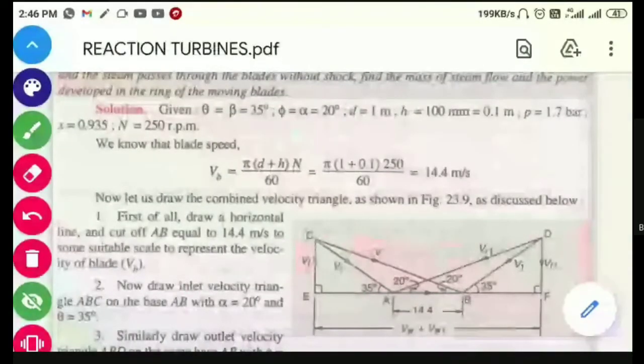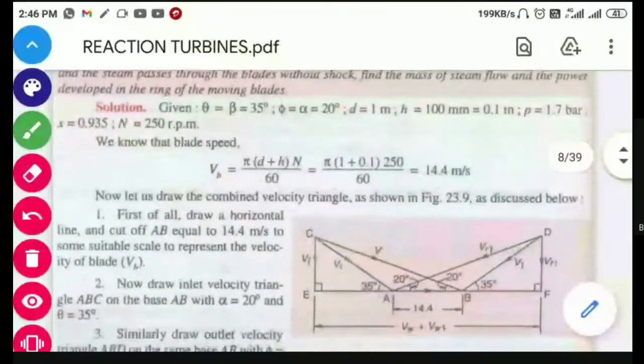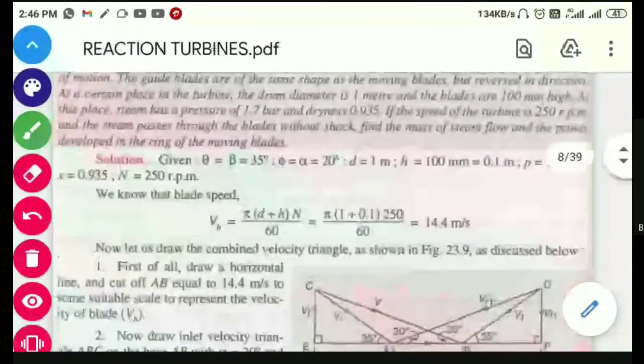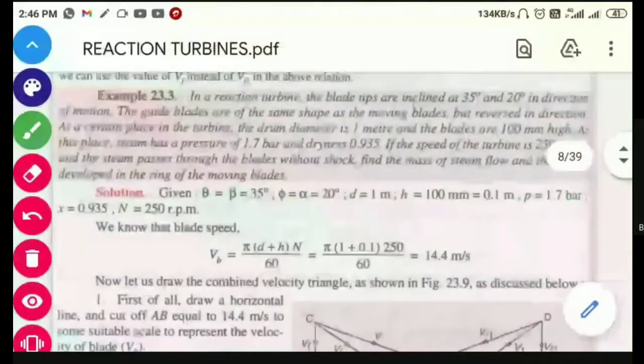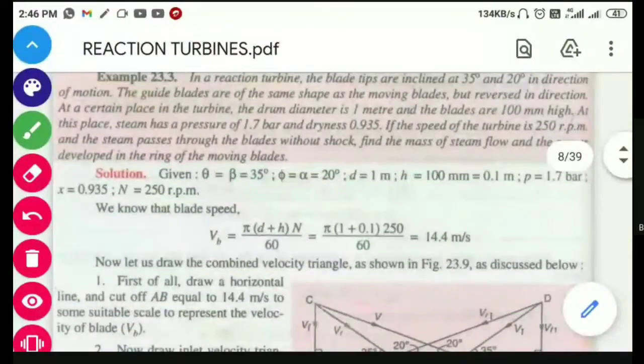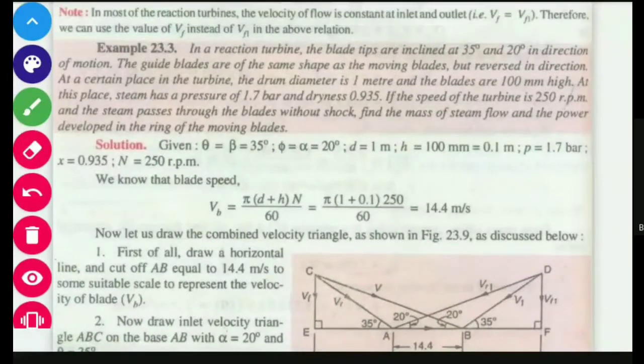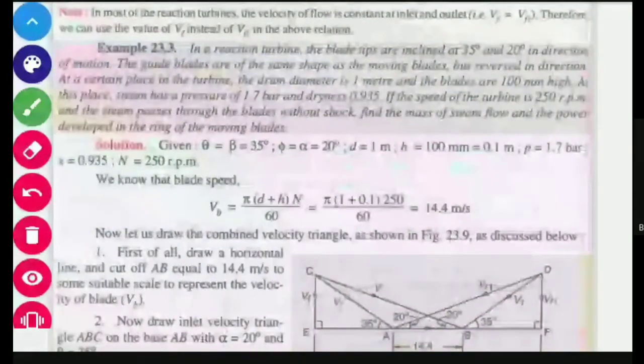Similar to the earlier case, the angles are given, but the blade velocity u is not given directly, only indirectly.